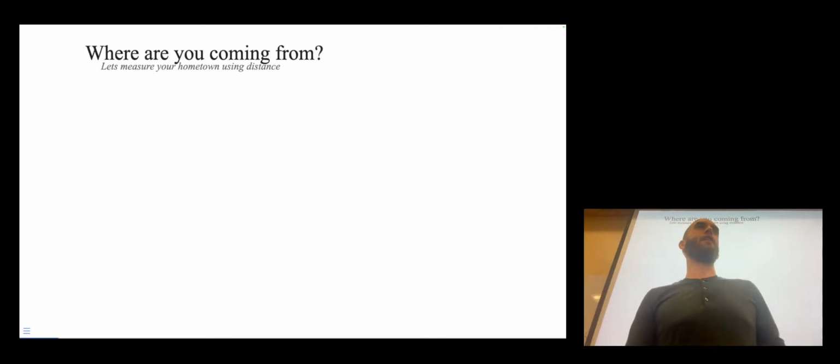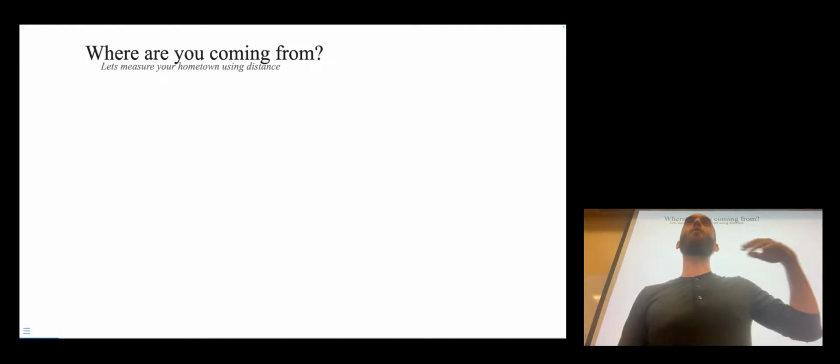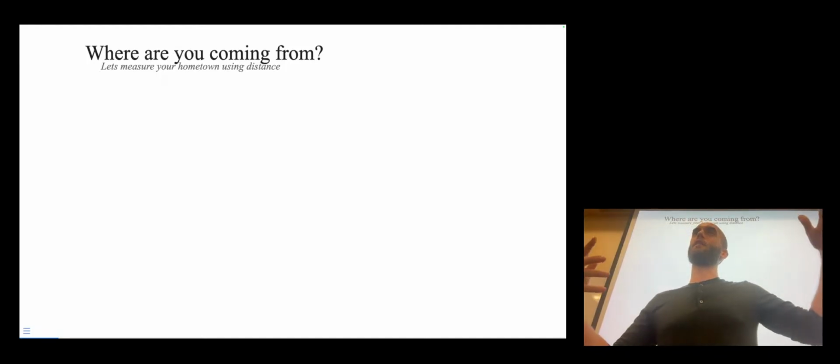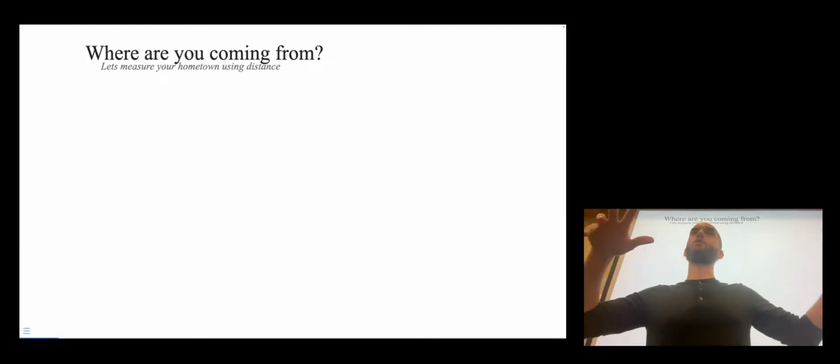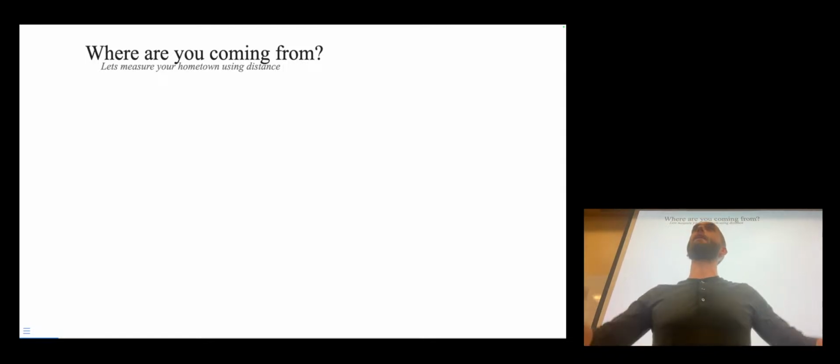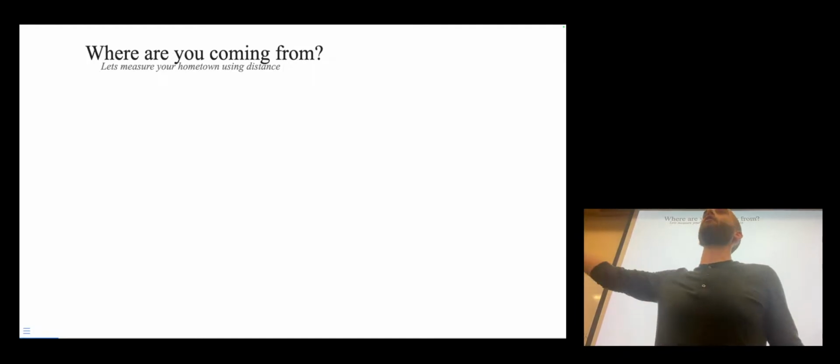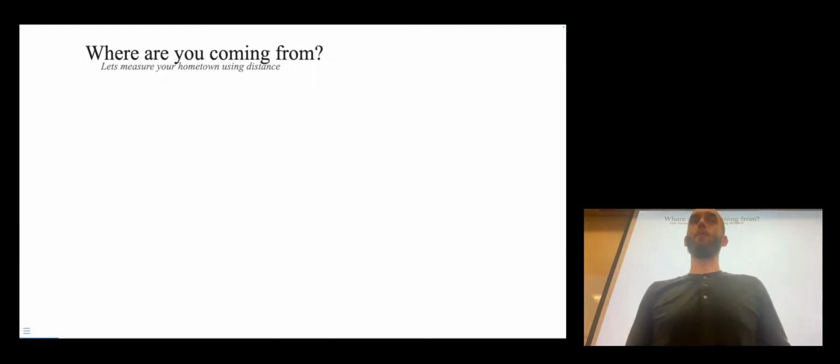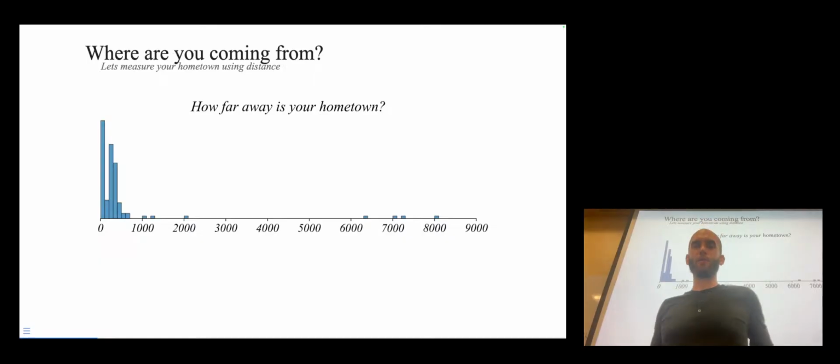So this is just a visualization of where everyone's coming from. One way of doing this would be to collect information about the state or country of your hometown. But I chose to do this in a slightly different way, to measure where you're coming from based on how many miles away your hometown is. And so the picture looks like this.